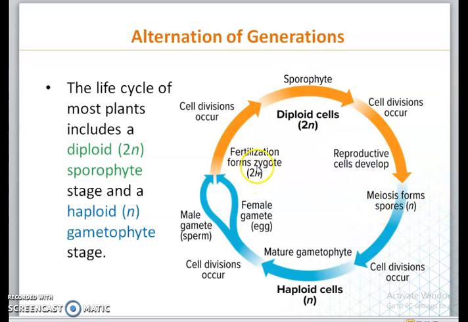Remember, 2N is due to an individual with a full set of chromosomes or DNA, and here we are talking about the formation of reproductive cells. I keep reminding you that they contain half the amount of DNA.